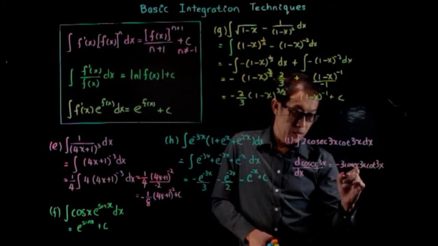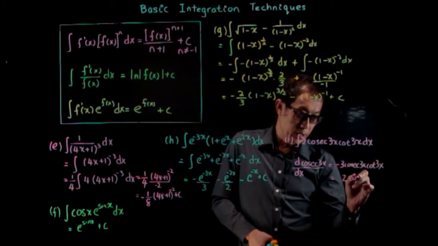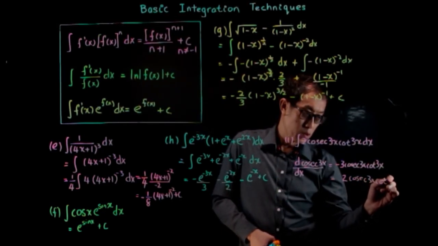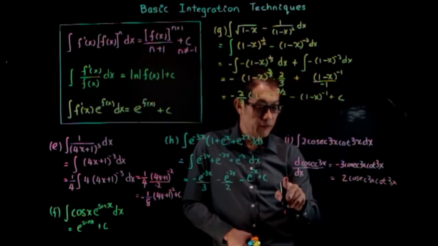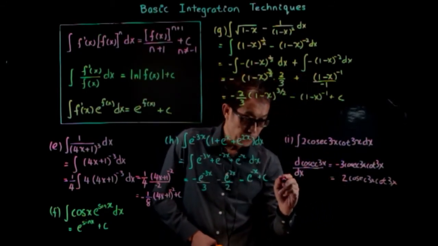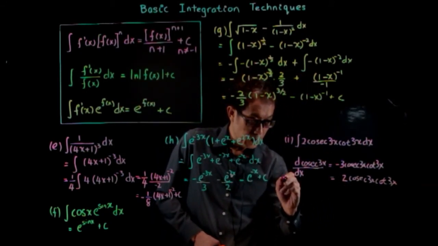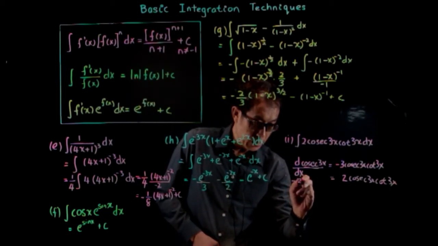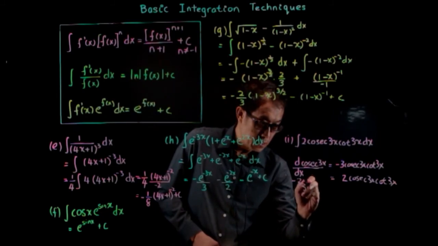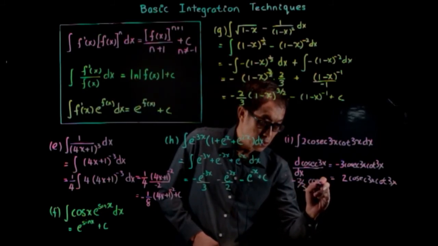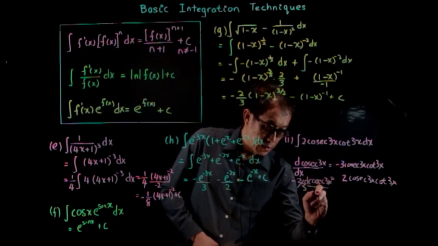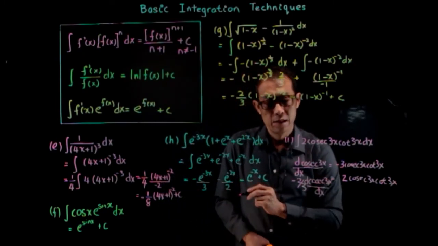Now this is 2 cosecant 3x cotangent 3x. So for this to be 2, you need to divide by minus 3 and times 2. So this is minus 2/3 cosecant 3x cotangent 3x dx. Okay.